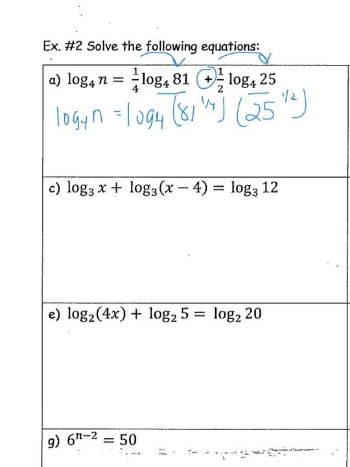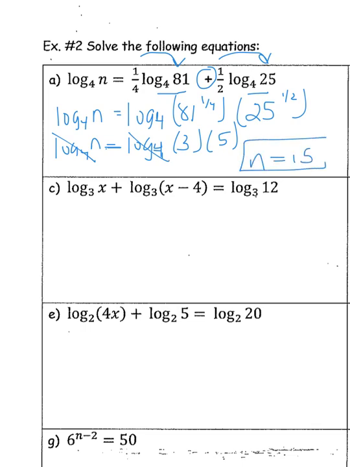Well, 81 to the 1/4 power you can put in your calculator, or you can take the 4th root of 81, which is 3. And then 25 to the 1/2 power, or the square root of 25, is 5. So log base 4 of n equals log base 4 of 3 times 5. So we can drop the log base 4, so I get n is 15. And that's my answer for letter A.